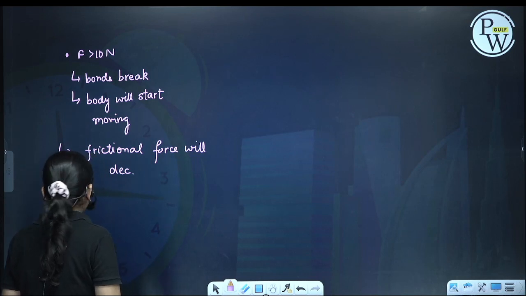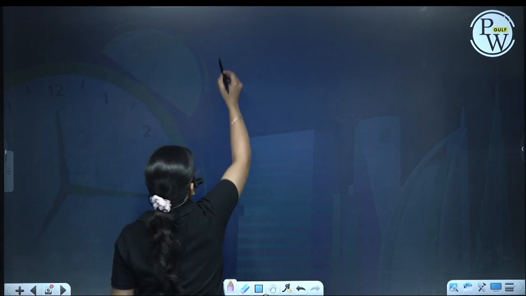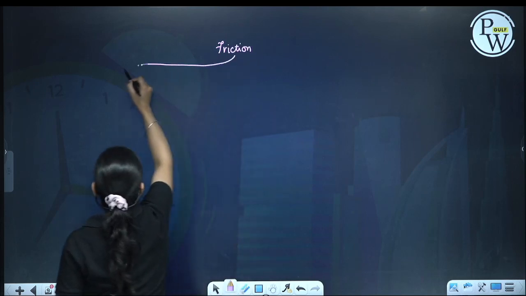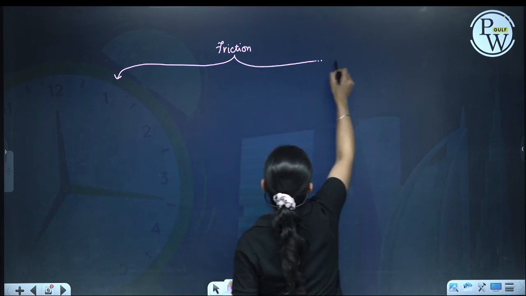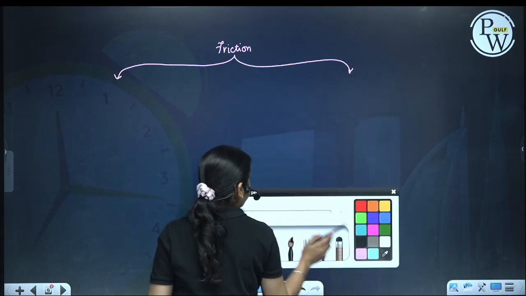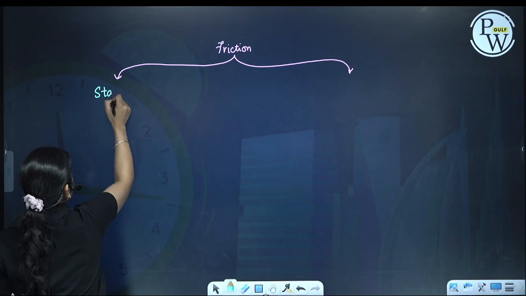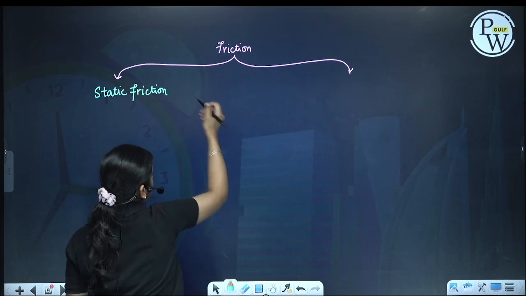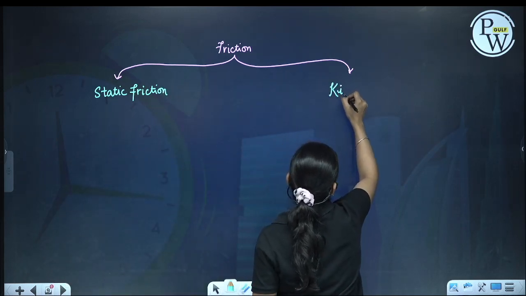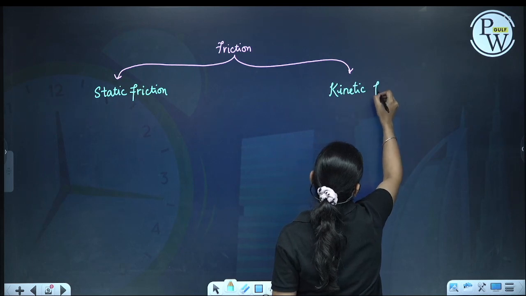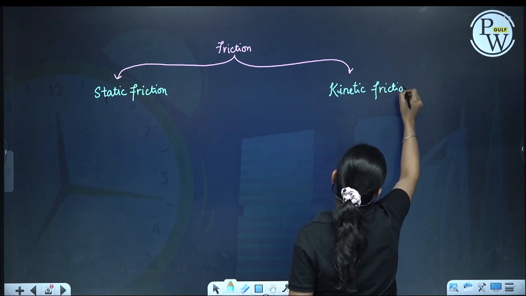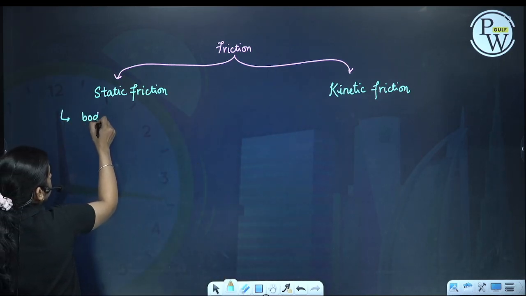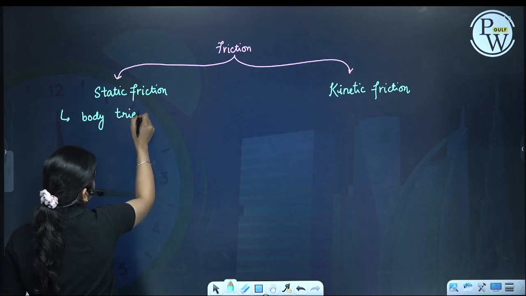So from this we have two types of friction. One is static friction and the other is kinetic friction.